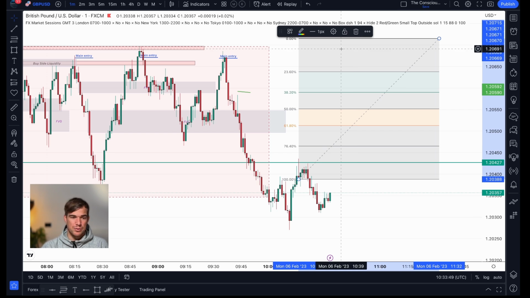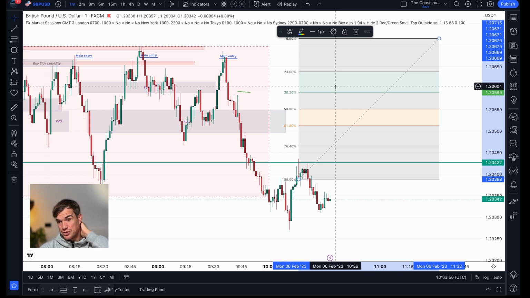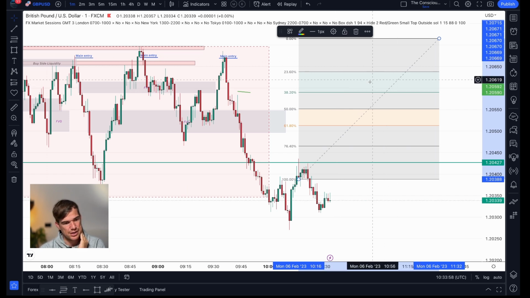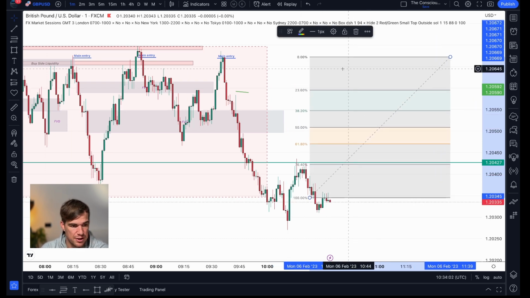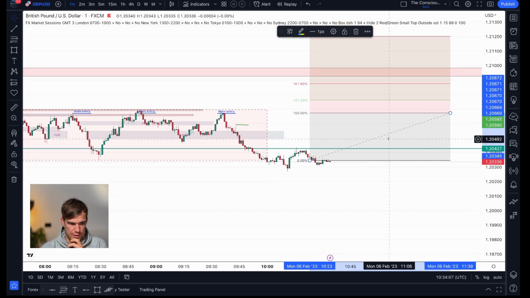Scruffy loves to trade with these. He calls it the golden eye, I believe. If you check him out on YouTube, he breaks down how he uses this, and in detail strategy on how to use the fibs. Then you've got your Fibonacci extension, and I've only got the 100 and the 2 extensions.